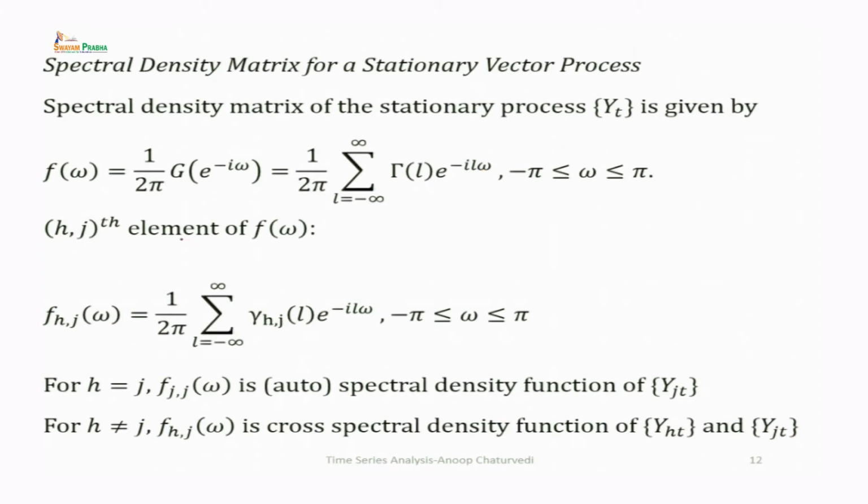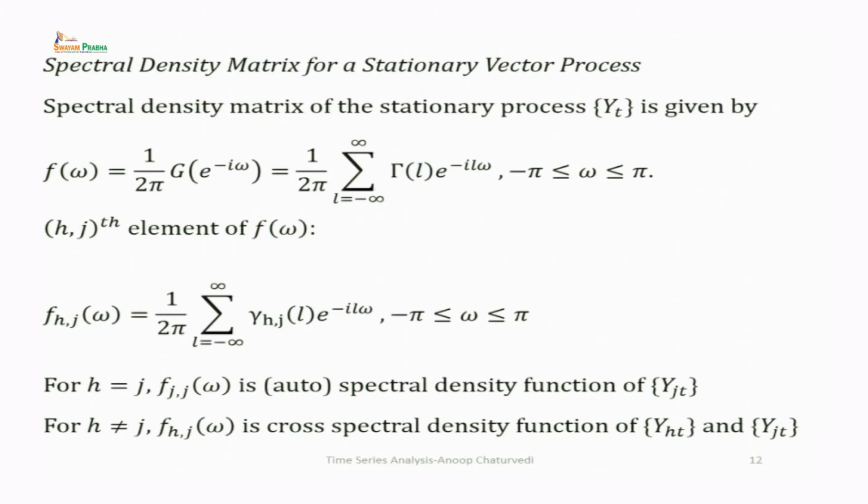Then the hjth element of f(omega) is f_hj(omega) equal to 1 upon 2 pi summation over L of gamma_hj(L) e to the power minus i L omega. Omega lies between minus pi to pi.